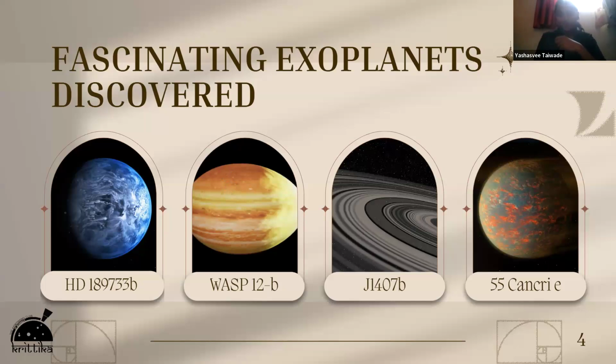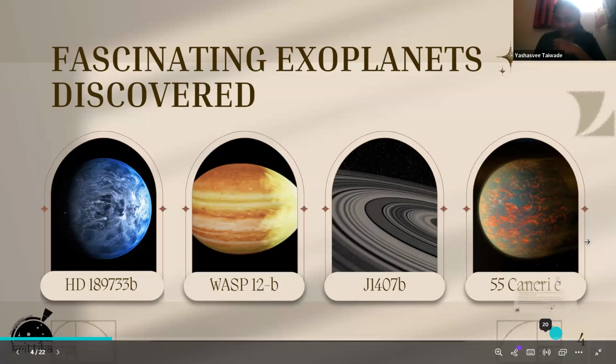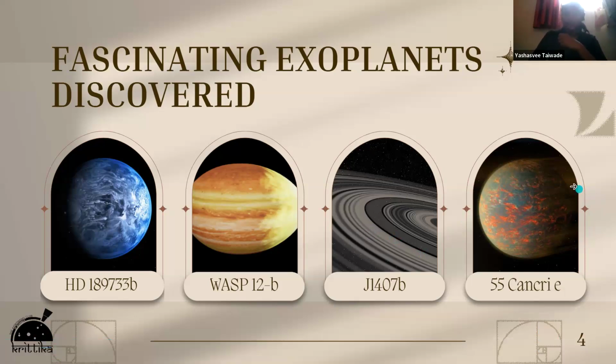I hope everyone knows this planet because it is really beautiful. I could not even fit the planet over here because of its vast ring system. And next, we have 55 Cancri E. Again, another fascinating planet.